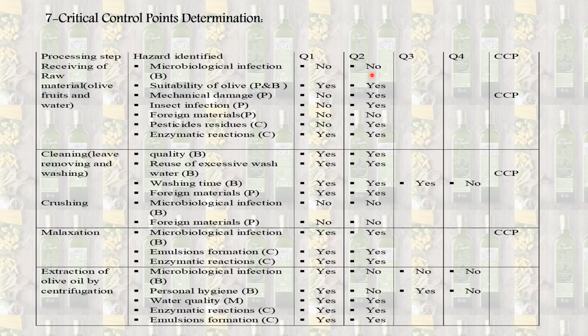Second question, does this step designed to eliminate or reduce a significant hazard؟ هل الستيب دي تعتبر accepted to control point? In our processing steps we say yes. So these processing steps will be considered a critical control point as it reduces and eliminates the hazard.